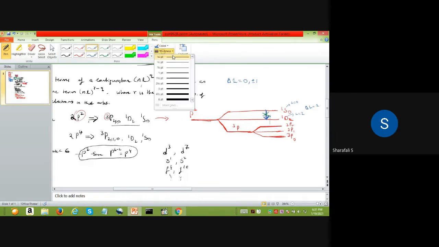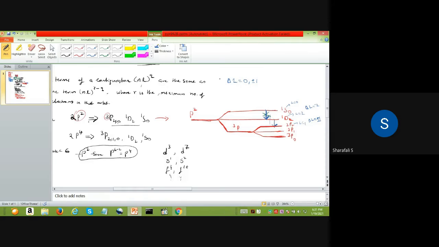Okay, consider another one. Let's take these two transitions. 1D2 to 3P2. So L equal to 2 here, L equal to 1. So delta L equal to 1, 2 minus 1 is 1. So this will be plus 1, and this will be allowed because delta L is plus 1.